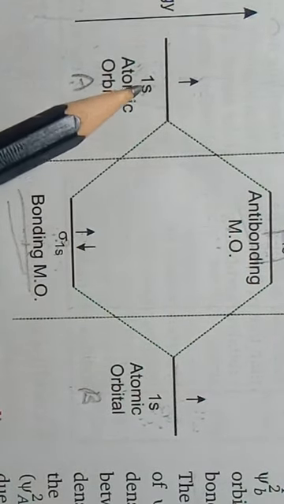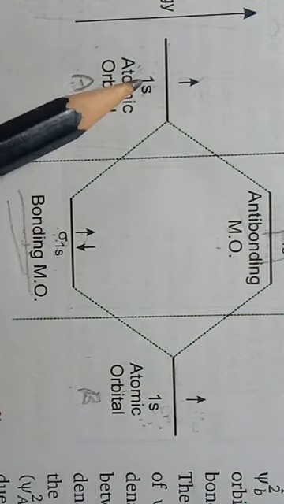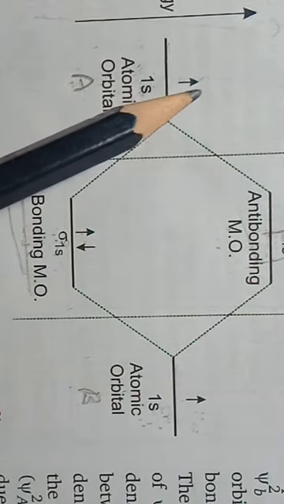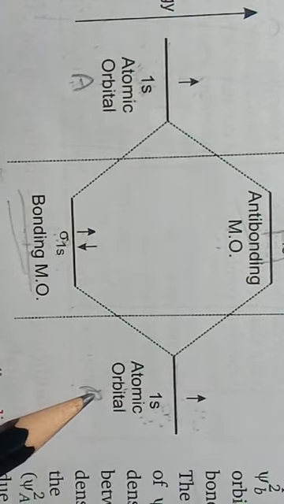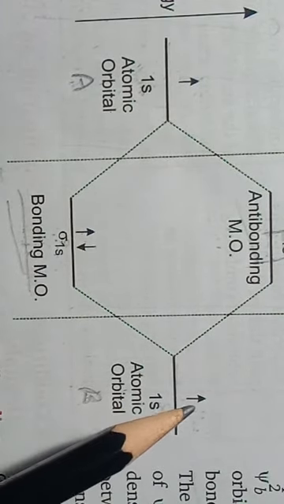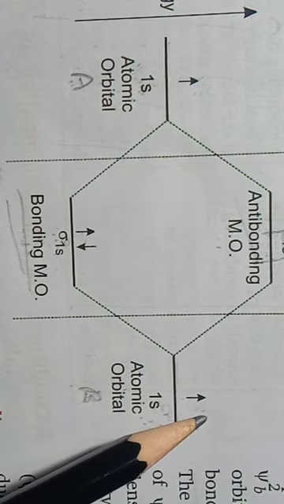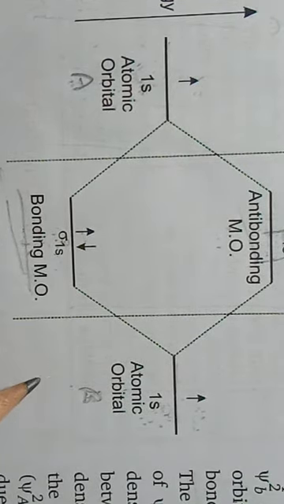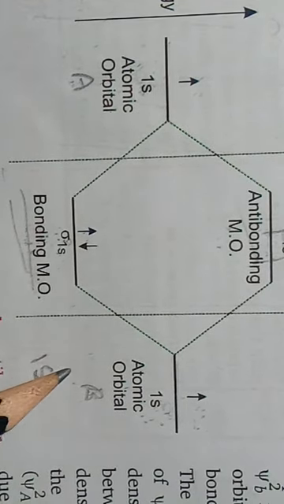Okay students, so let us say atom A has one s orbital with one electron, and atom B has one s orbital with one electron. If B has one electron, then you know its atomic configuration will be 1s1.